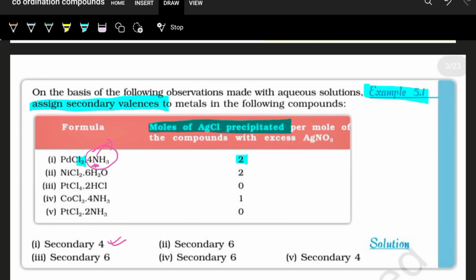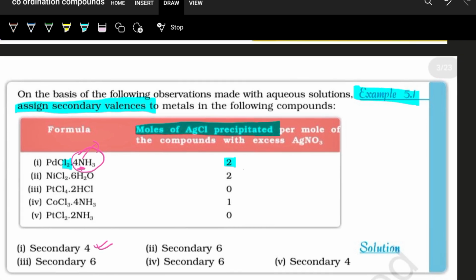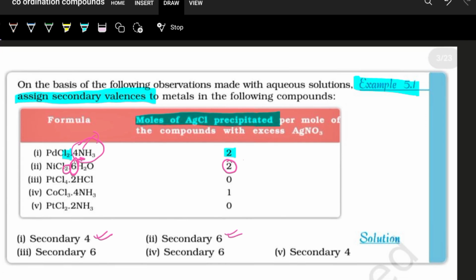In the second case, we are seeing again 2 moles of AgCl precipitated. There are 2 Cl. Obviously, the 6 H2O is the coordination number it gives, and so the secondary valence is 6. In the next example, HCl is a neutral ligand, so HCl and Cl4, but none of them are precipitated.